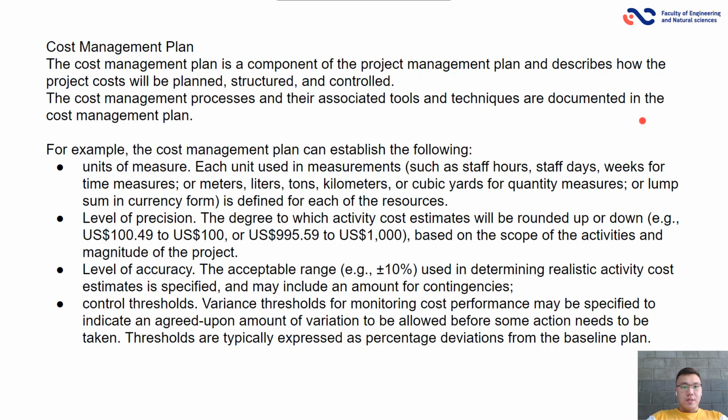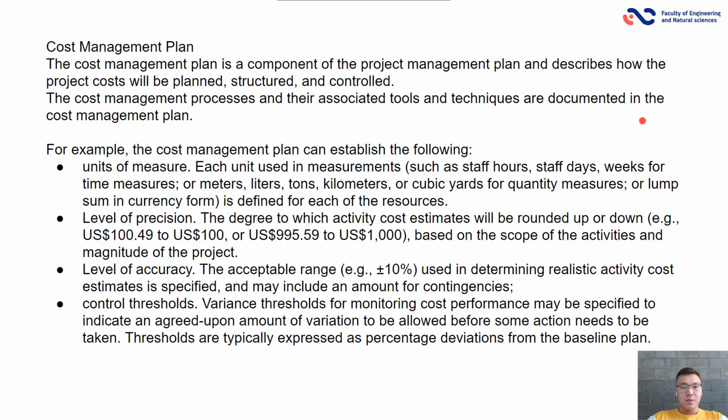The cost management plan is a component of the project management plan and describes how the project cost will be planned, structured, and controlled. The cost management processes and their associated tools and techniques are documented in the cost management plan.